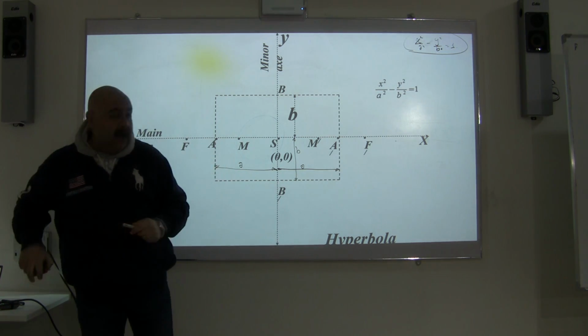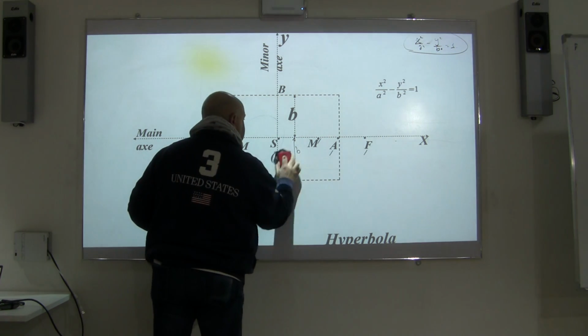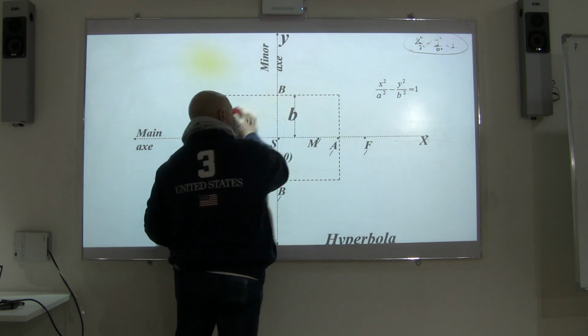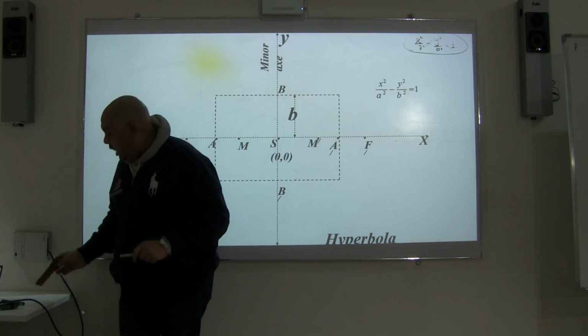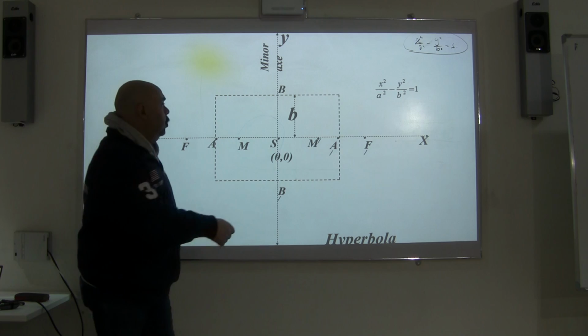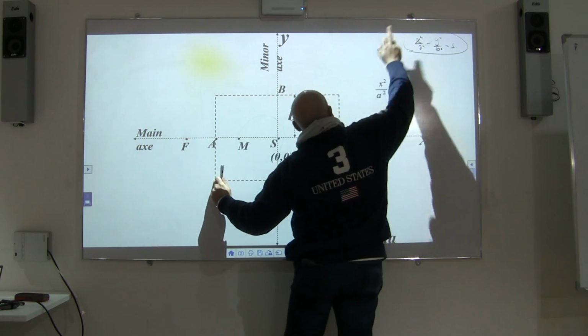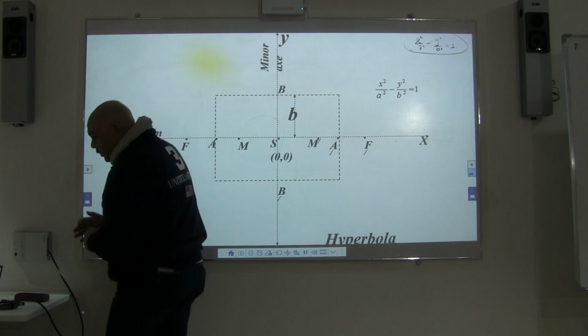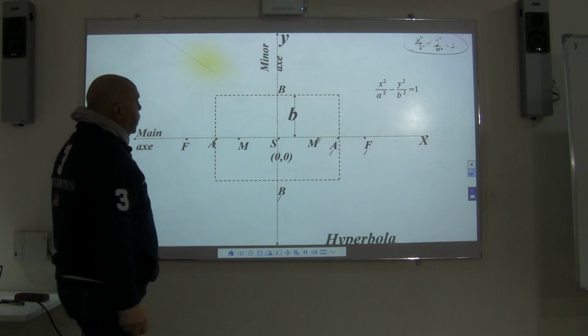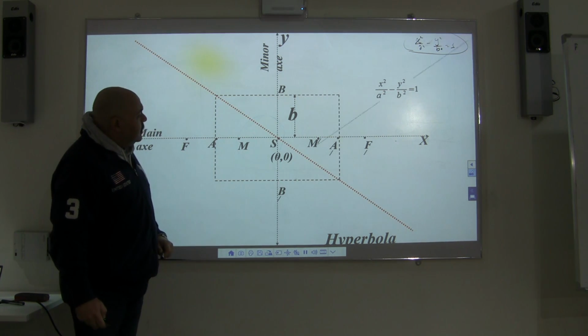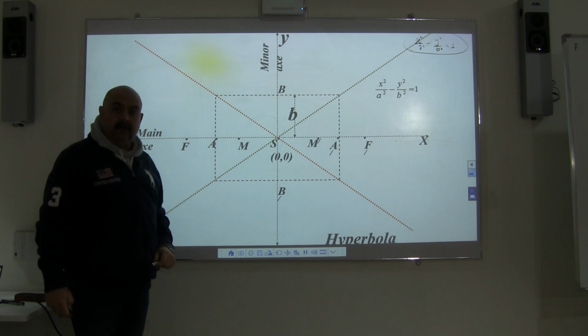Okay, now I've done all this, I have this rectangle. After doing this rectangle, I will use my ruler to connect the diagonals and extend them, as you will see. So these are the two asymptotes that I'm telling you about.